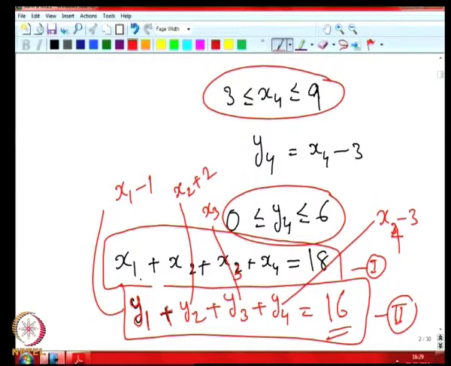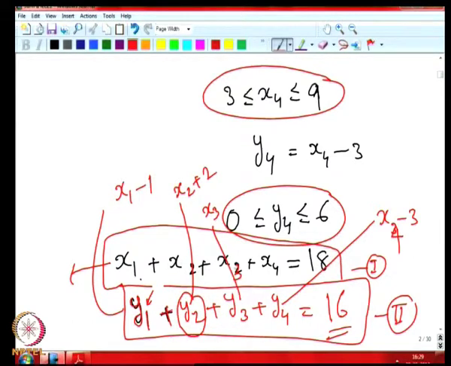So given any solution to the first equation, you can take the value of x1 in that solution, subtract 1, and assign it to y1. Whatever value of x2 is in the solution, we add 2 to it and assign it to y2.